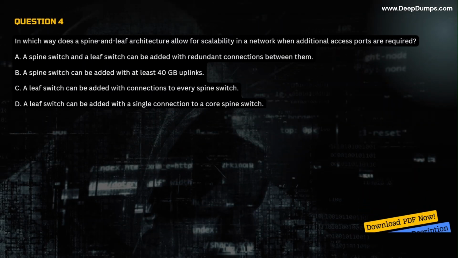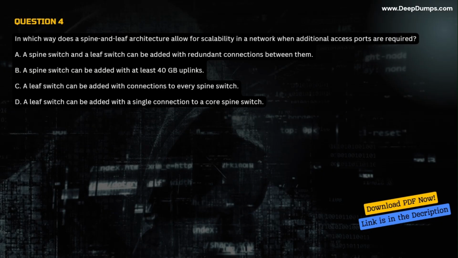Question 4. In which way does a spine and leaf architecture allow for scalability in a network when additional access ports are required? A. A spine switch and a leaf switch can be added with redundant connections between them. B. A spine switch can be added with at least 40 GB uplinks. C. A leaf switch can be added with connections to every spine switch.